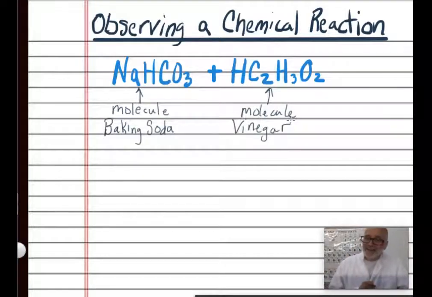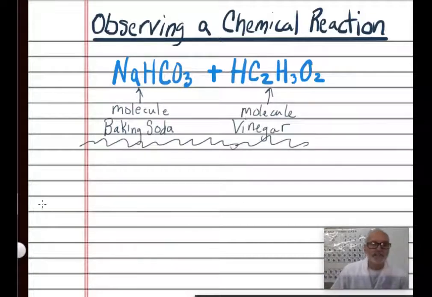But before we get into these observations of a chemical reaction, where we're mixing one substance, baking soda, and another substance, vinegar, we need to do some vocabulary. The first two are going to be a review. Let's put a little ziggly line here, so we separate those.